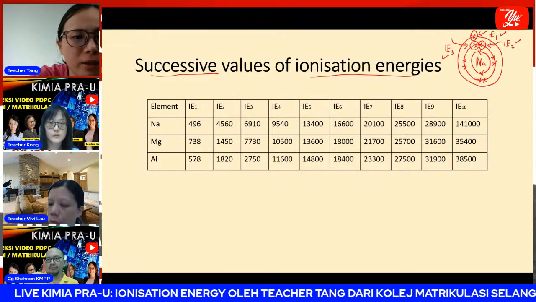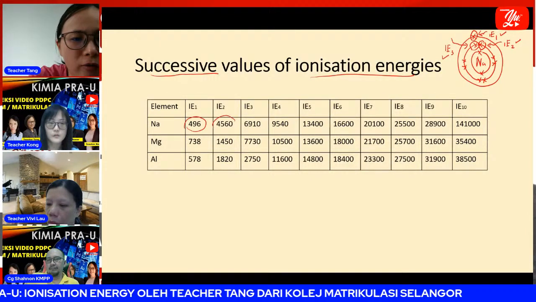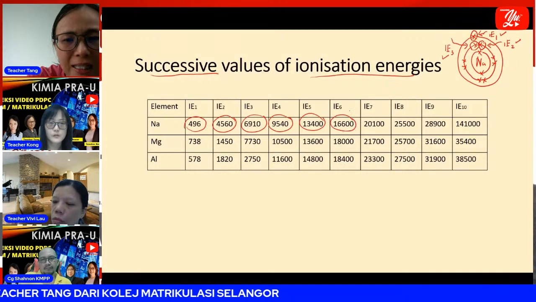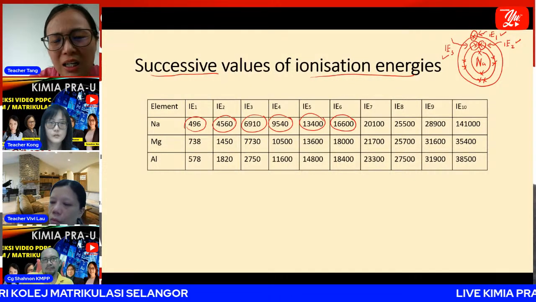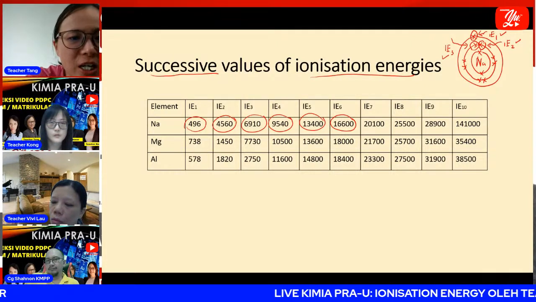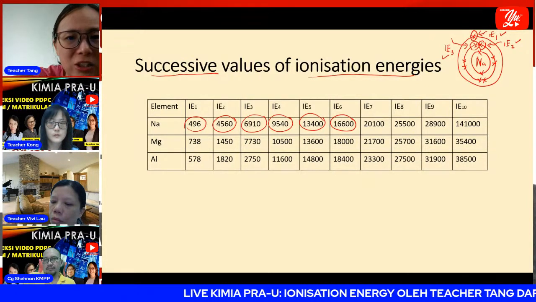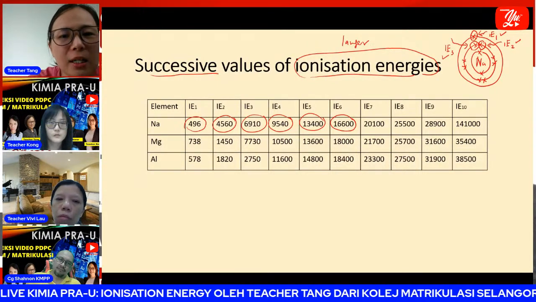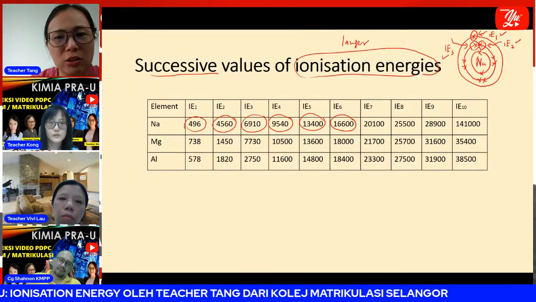The value of the ionization energy tells us how hard it is to remove an electron. The larger the ionization energy value, the harder it is to remove an electron.